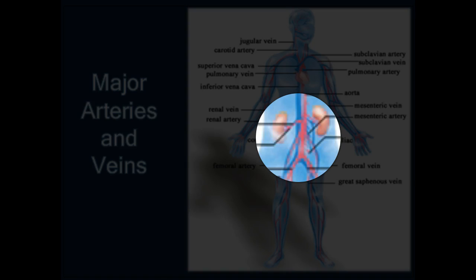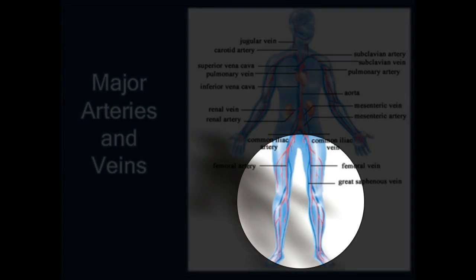The renal arteries and veins go to and from the kidneys. The mesenteric artery and veins go to and from a large portion of the gastrointestinal tract. The common iliac arteries are the bifurcations branching from the distal abdominal aorta and become the femoral artery supplying blood to the lower extremities.